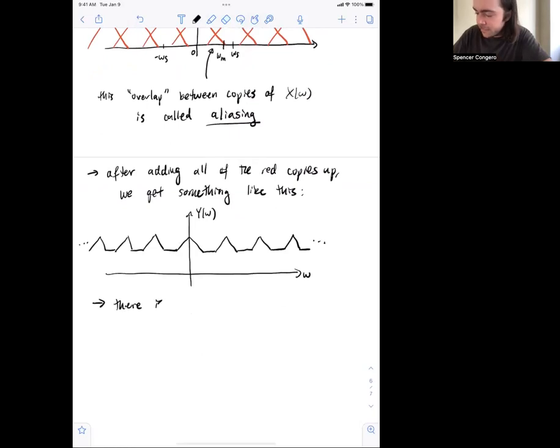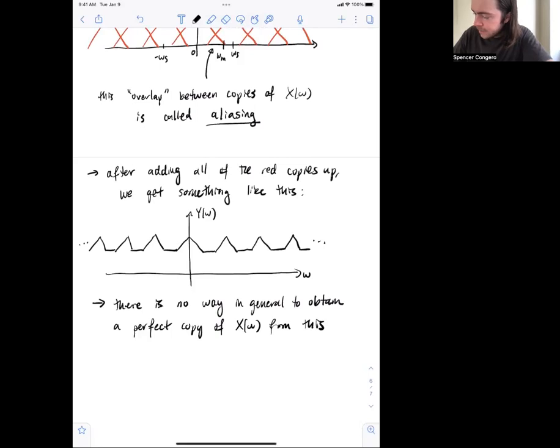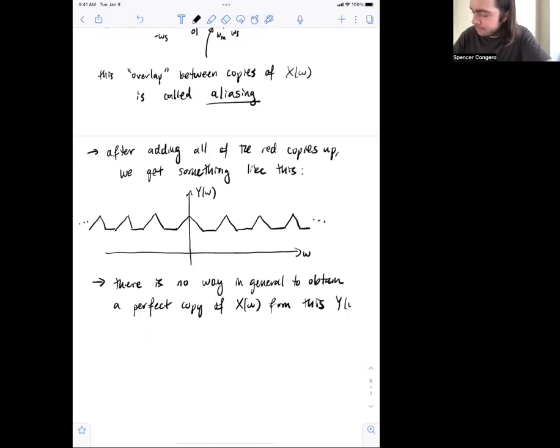Let me just write that. There's no way, maybe I'll write in general, to obtain a perfect copy of X of omega from this Y of omega.